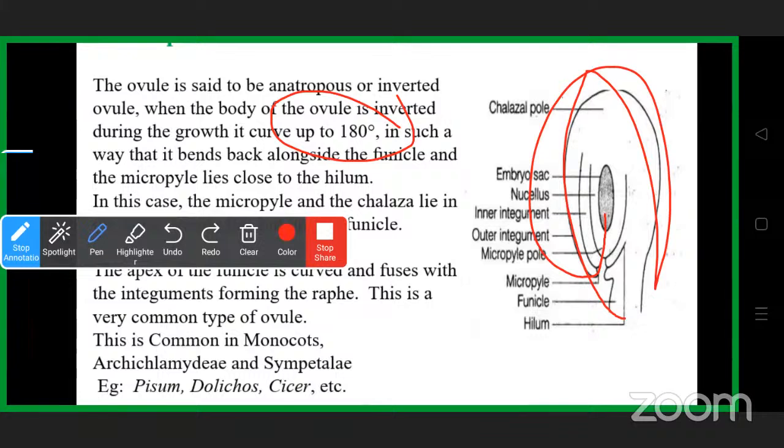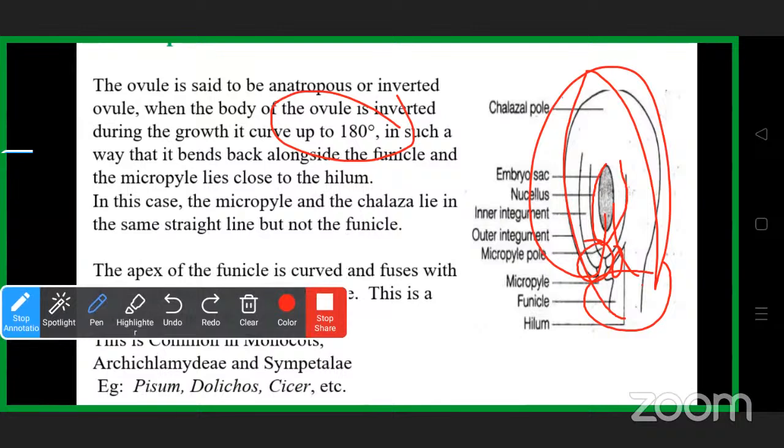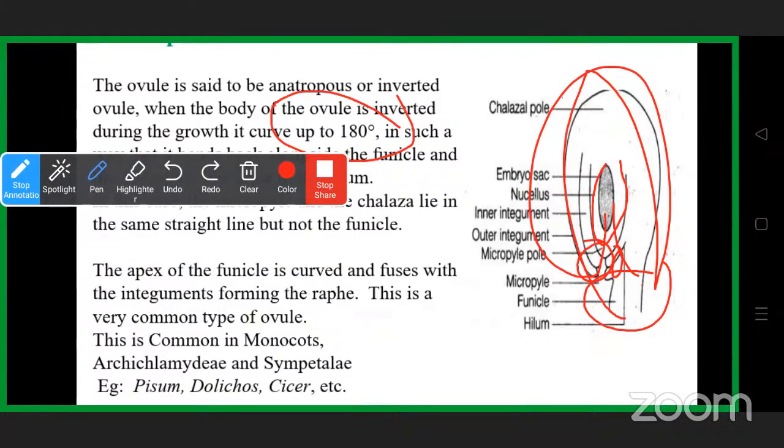Okay, and then what happened? Here the funicle, hilum, micropyle and even embryo sac are very near to each other. Micropyle and funicle are both side by side, because the funicle curves.